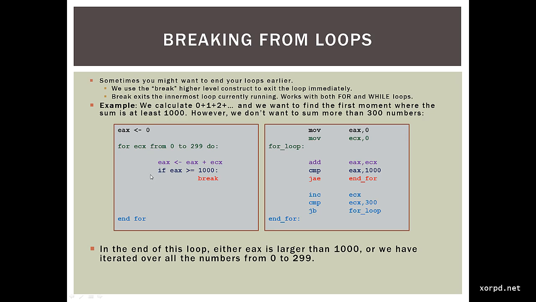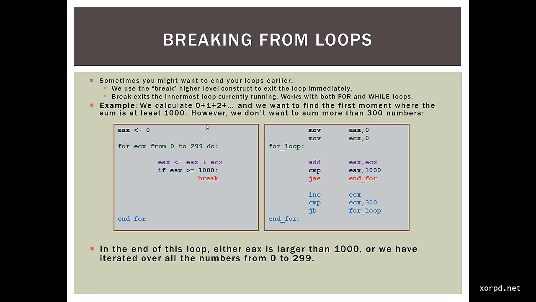Going back to the code, if EAX is greater or equal than 1000, this is just an idea. The symbols that you can see here convey the idea that if EAX is greater or equal than 1000, then we are going to break. This break, as an idea in the pseudocode, is going to find the innermost loop, which in this case is the for loop, and it is going to break, which means that it is going to end the loop immediately.